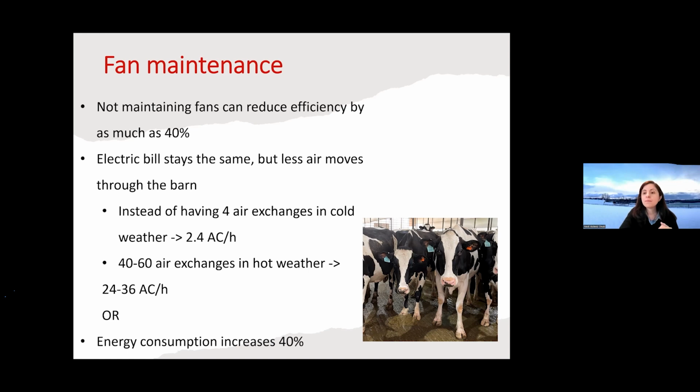Or maybe they will have a sprinkler system, or an evaporative cooling system, or they will add more circulation fans. So the assumption here is energy consumption can increase up to 40%.